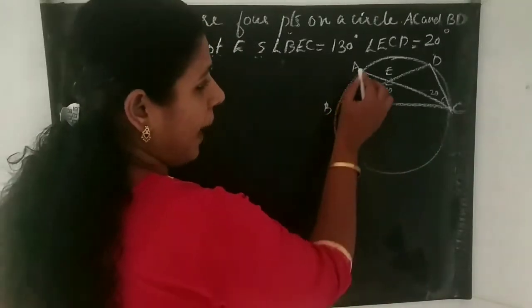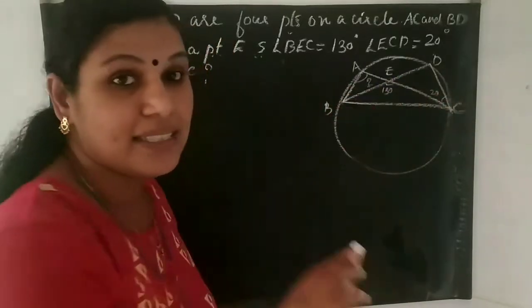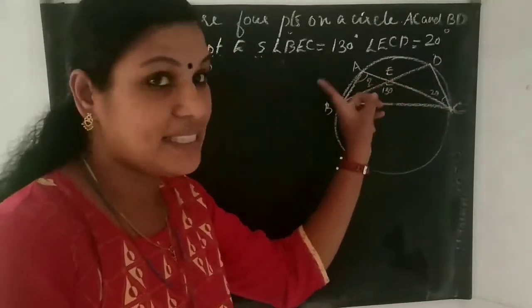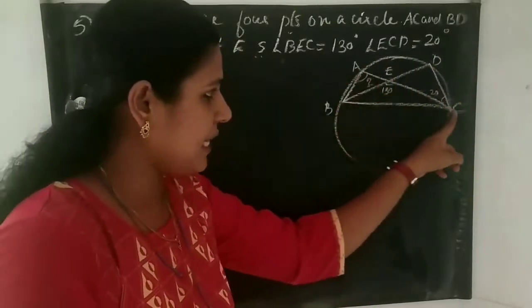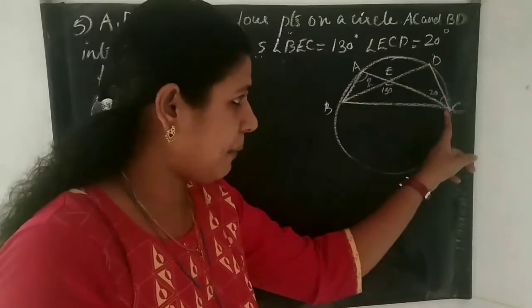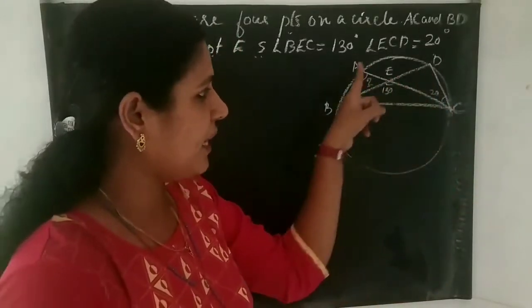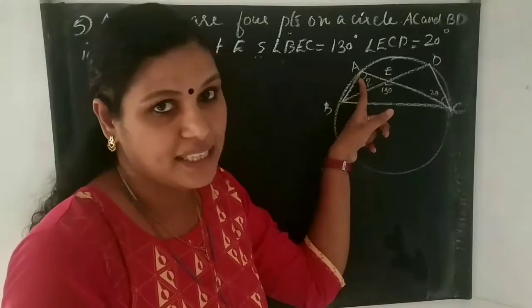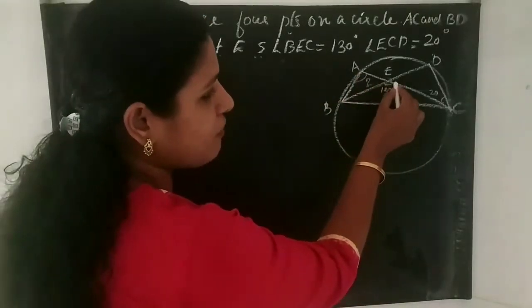See children, here angle BAC and BDC are 2 angles in the same segment, isn't it? So these 2 angles are equal. If we know this angle, we can find angle BAC. Here we are given this angle is 130.